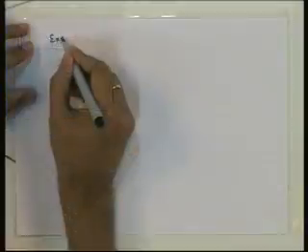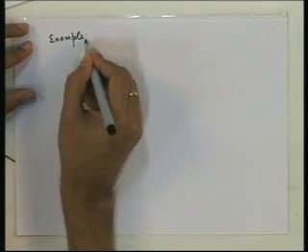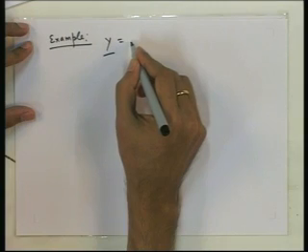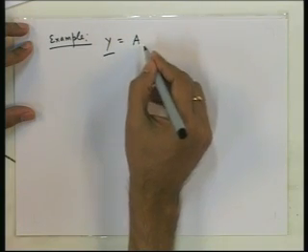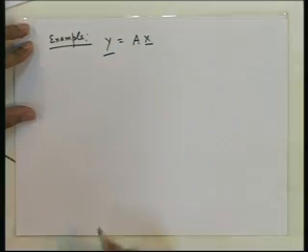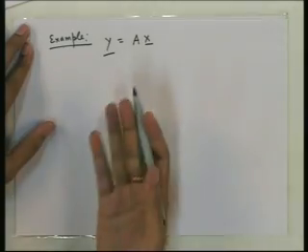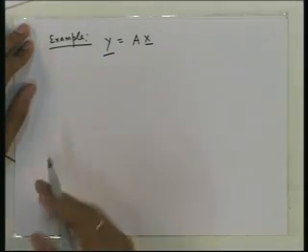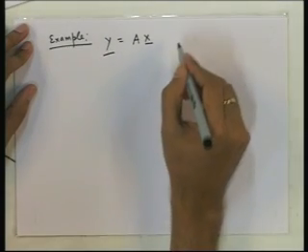Okay. So, as an example, a special case is this simple mapping where the vector y is an invertible matrix A times x. A has to be invertible because we need the inverse transformation to exist.